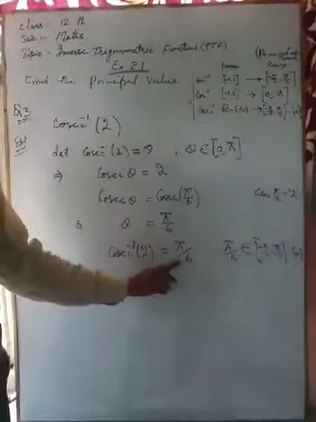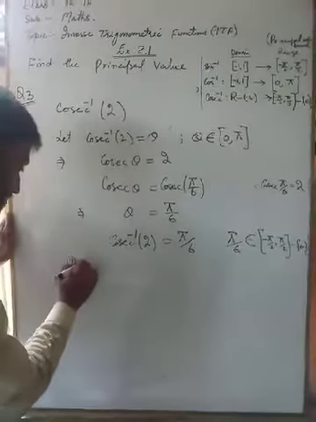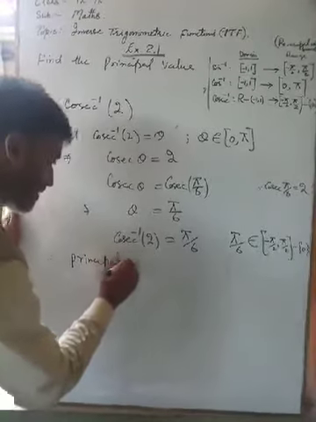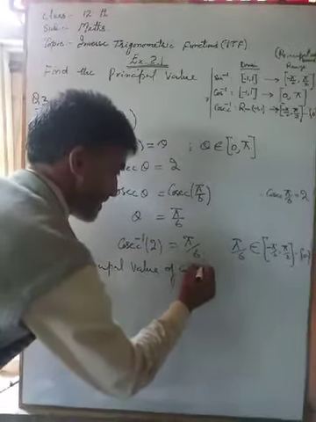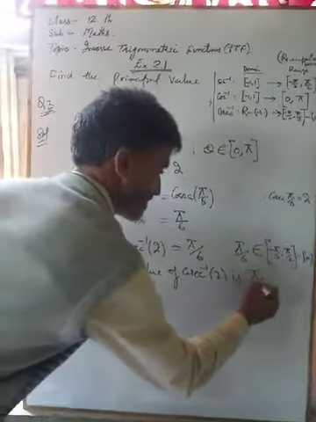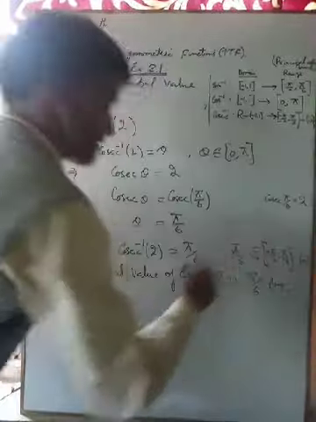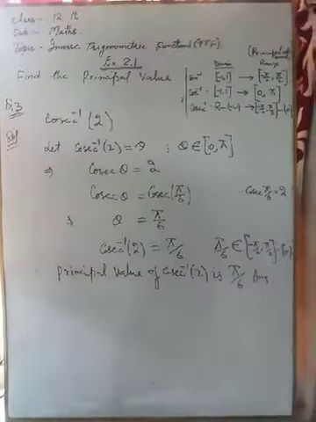So this is the principal value of cosec inverse. Therefore we can write principal value of cosec inverse 2 is pi by 6. This is the answer of this question, principal value of this.